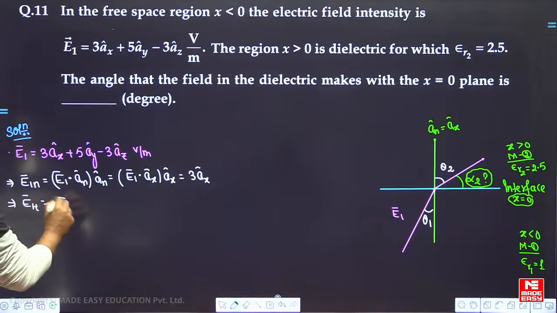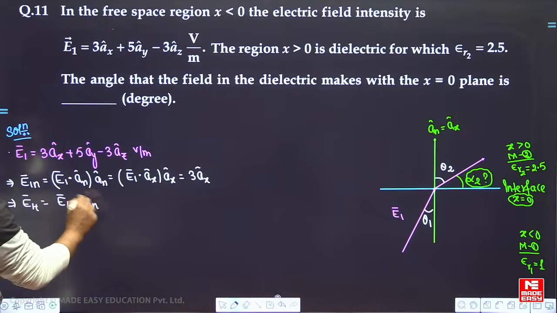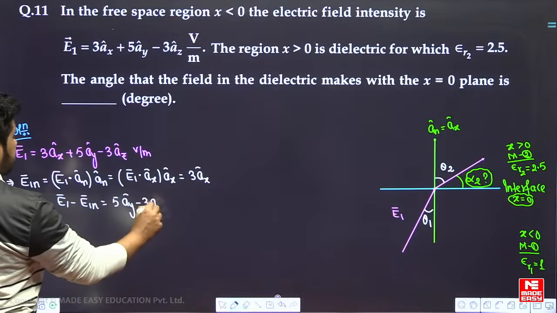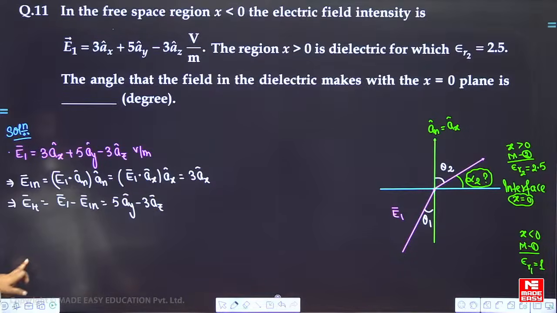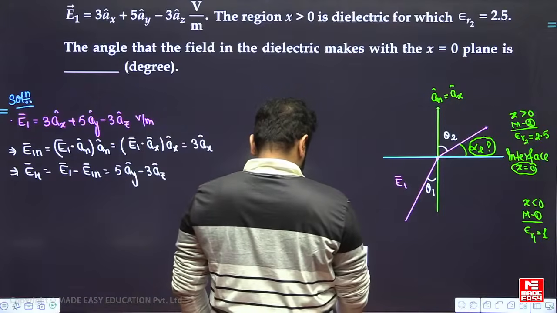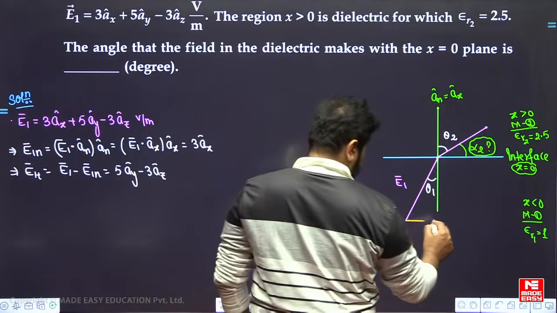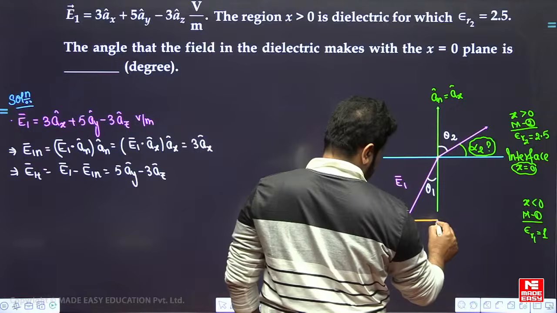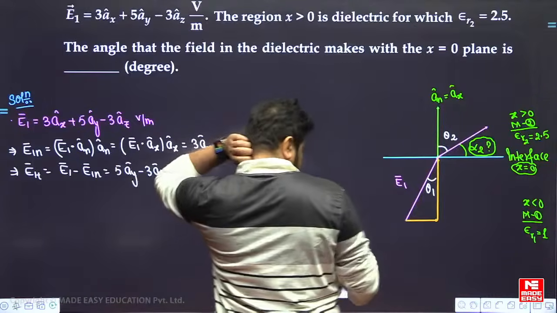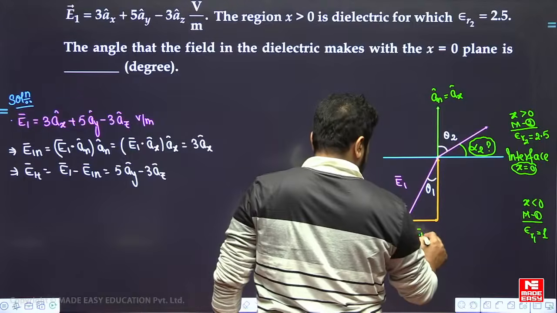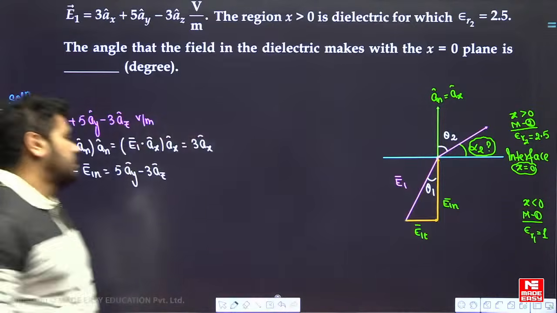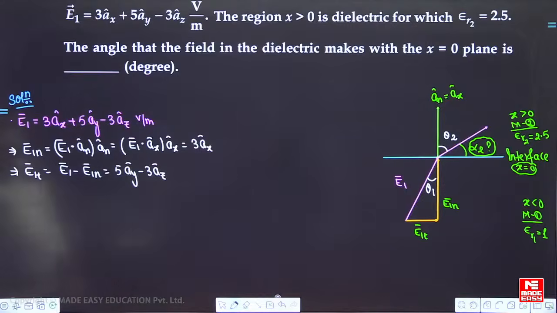E1t vector will become E1 minus E1 n vector, so this is nothing but your 5 ay minus thrice times of az, right, okay. So here we have two components, one is tangential component, another will be your normal component, isn't it? So this is your E1 tangential and this is your E1 normal, isn't it? So E1 tangential, E1 normal, it is known.